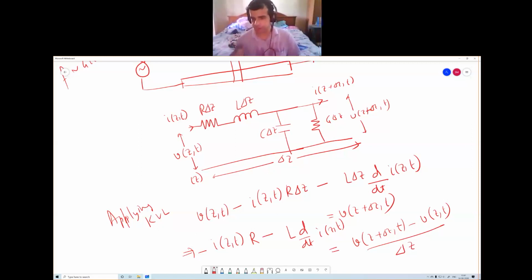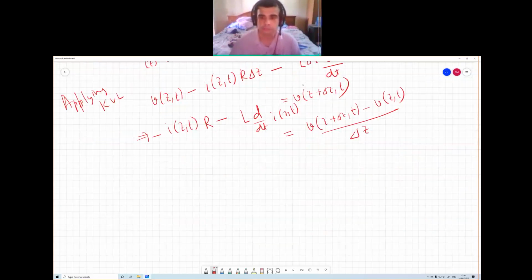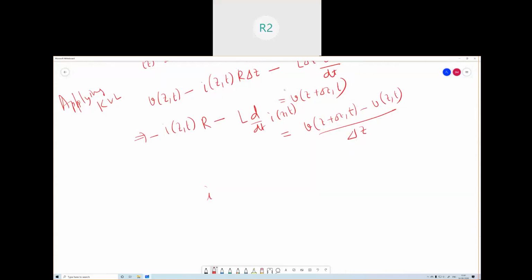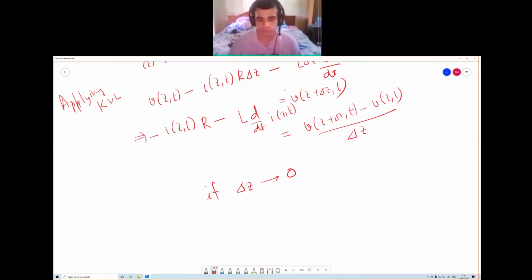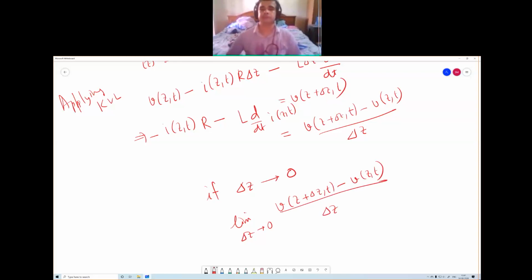Is it okay? Now tell me, if delta z tends to 0, what is this? What is the right hand side of the equation?